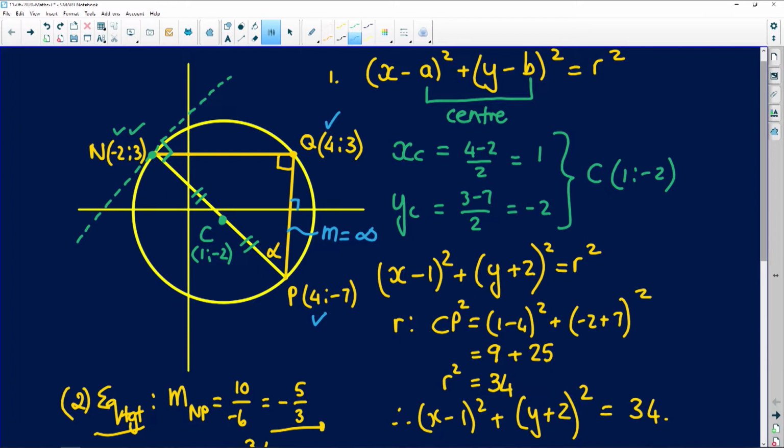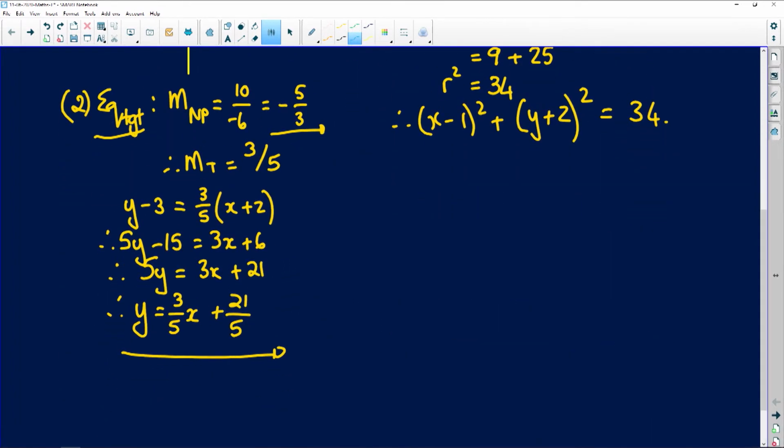If lines have a delta x component of their gradient 0, let me write this down somewhere for you. We're going to look at question 3. The gradient of any line is delta y over delta x.